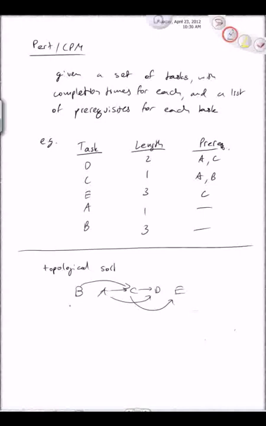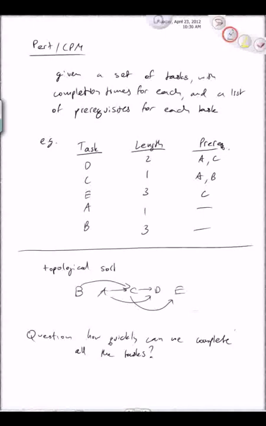And so this topological sort gives us an ordering, but the question that we'd like to ask is not so much in what order to complete the tasks, but how quickly can we complete all the tasks.